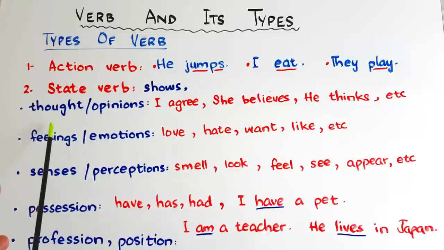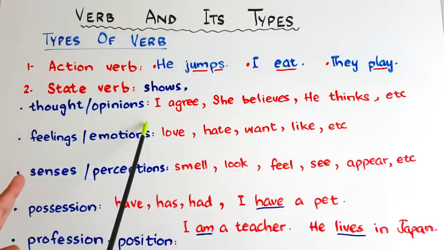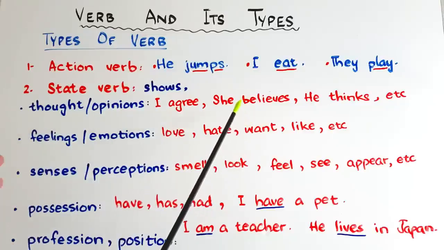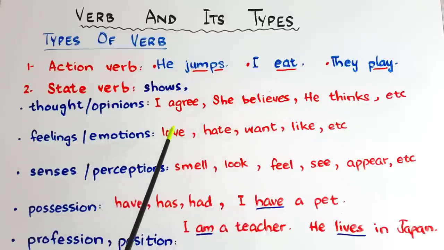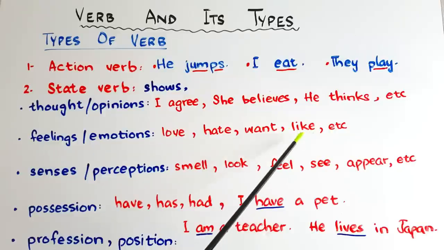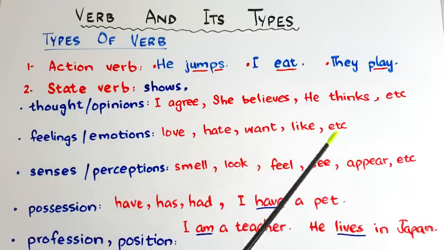State verbs are used to show thoughts or opinions like I agree, I disagree, she believes, he thinks, or feelings or emotions like I love pets, I hate pets, she wants, he likes, and so many words like this. Senses and perceptions, like the food smells good, you look good, I feel cold, and so on.